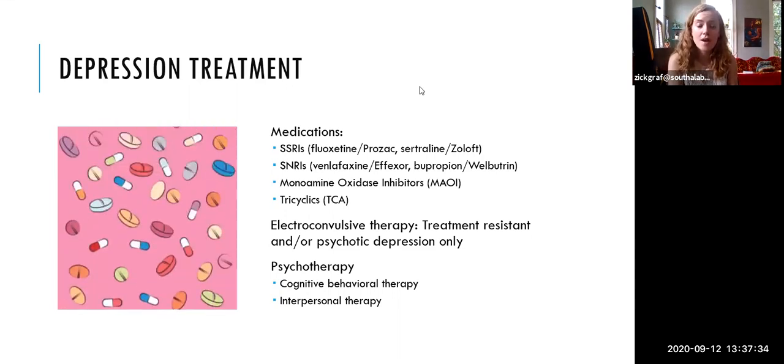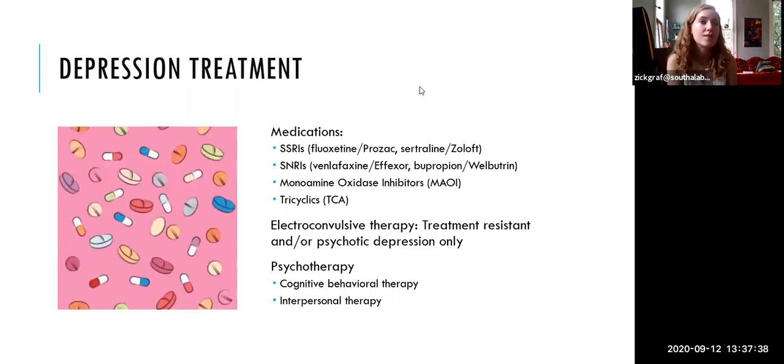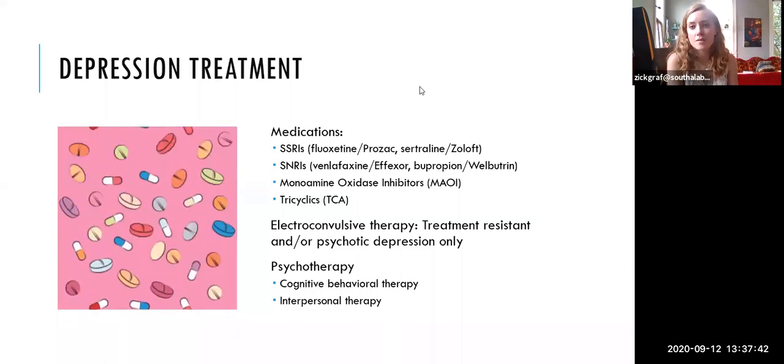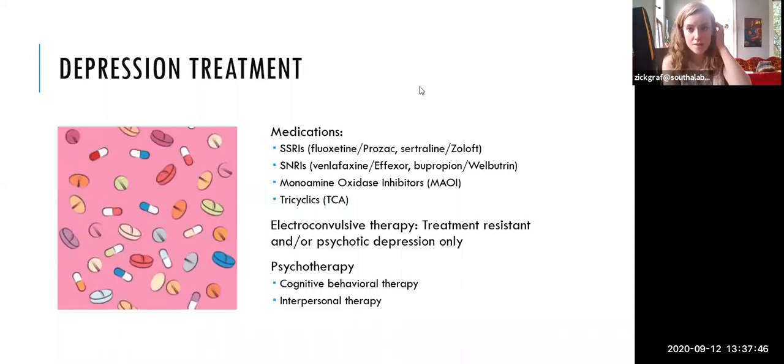Because those have less specificity for reuptake and for serotonin, they can cause cardiac problems because of their effects on norepinephrine throughout the body, not just in the brain, where serotonin reuptake inhibitors act.